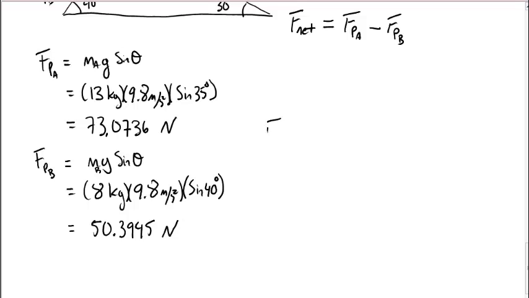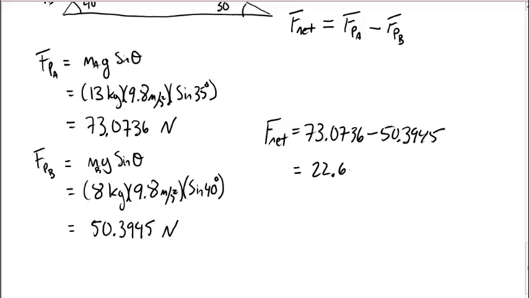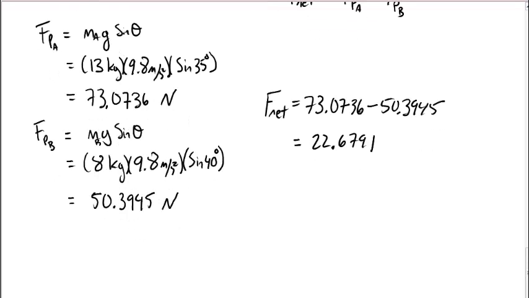So, net force then. My net force is 73.076 minus 50.3945. My net force is 22.6791. So, if there is a net force, that means there will be an acceleration.